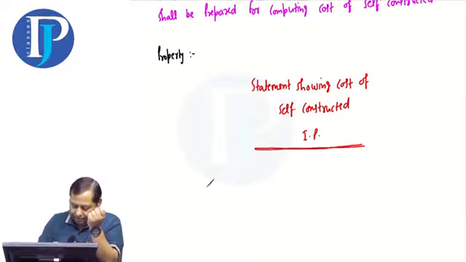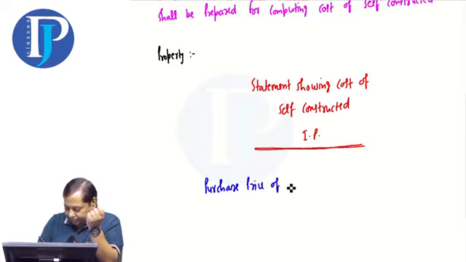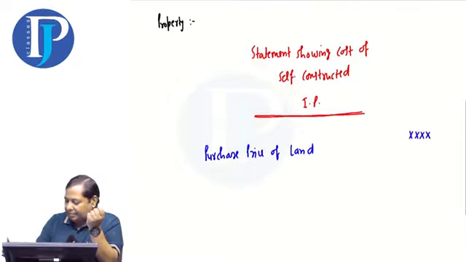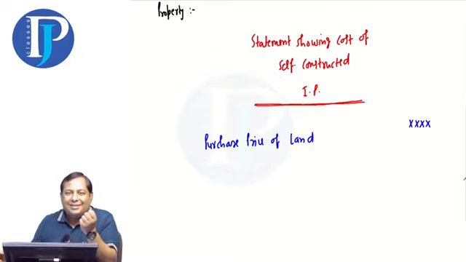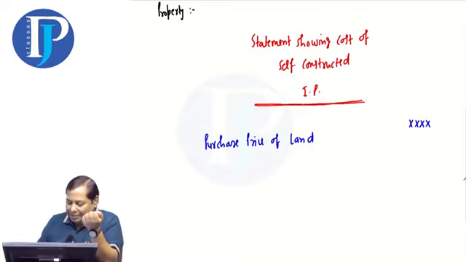Write first of all, purchase price of land. First, you need to buy land. You cannot build in the air. Purchase land. Then we will add to this transfer cost.